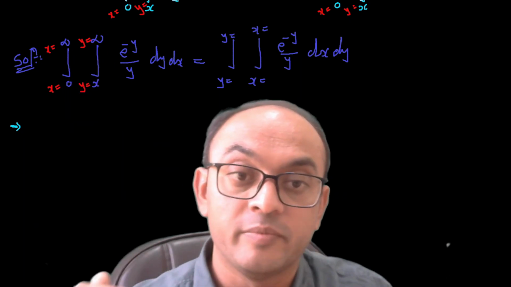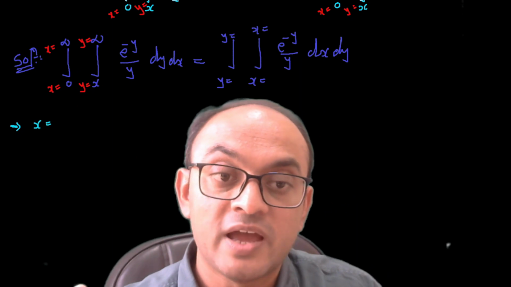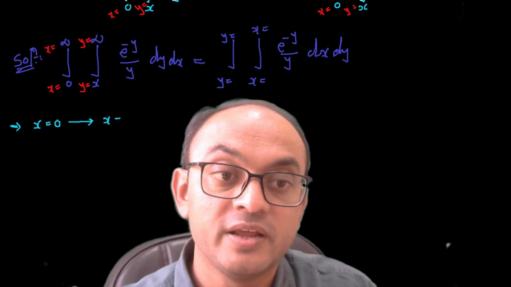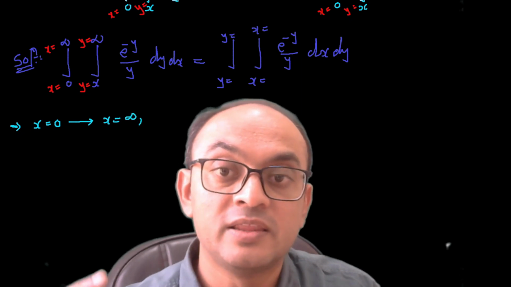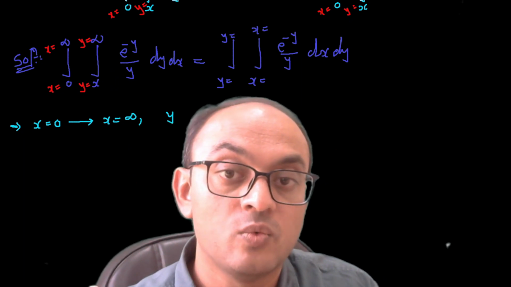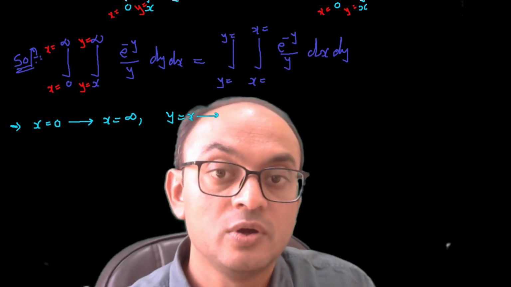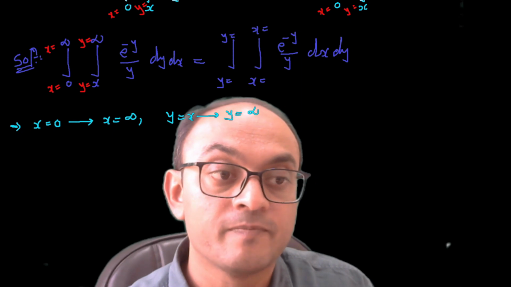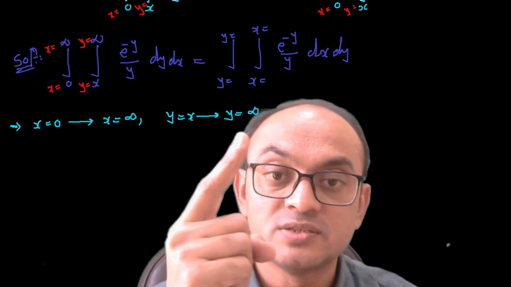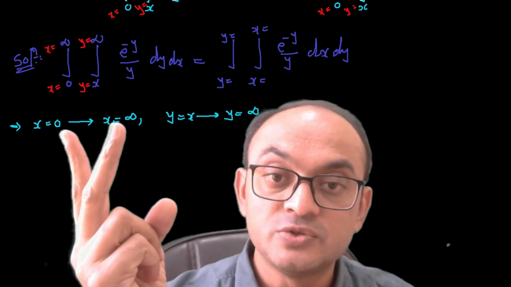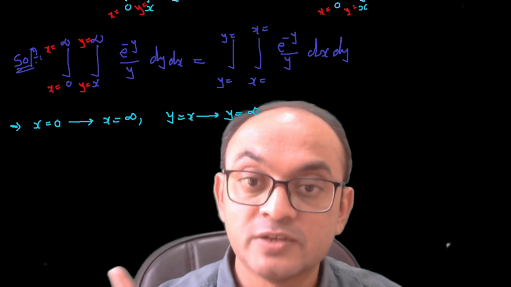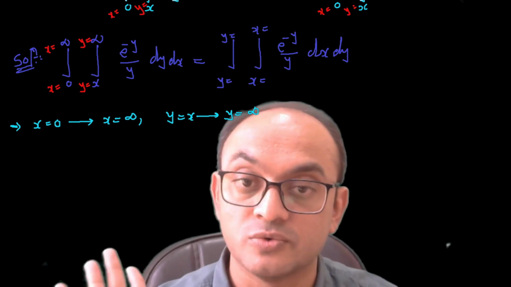So my constant curves, x equal to 0 to x equal to infinity, and then y equal to x to y equal to infinity. What I do? I draw these 4 curves first, then using these two and using these two, I choose my region. So let us draw these 4 curves.